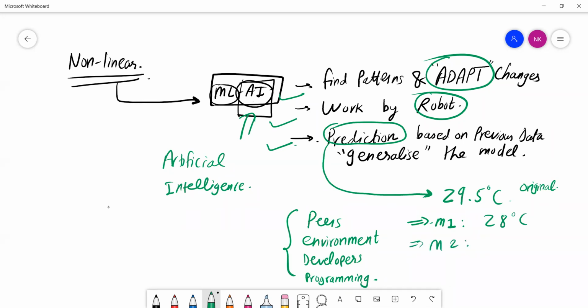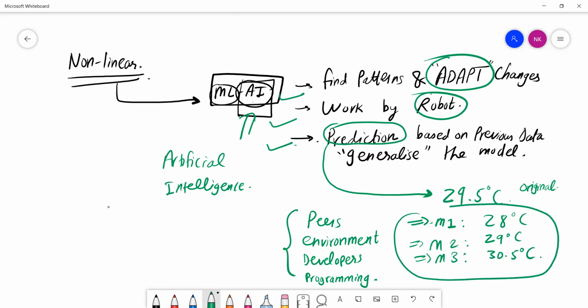Model 2 predicted that on the 6th of September it will be 29 degrees Celsius. And model 3 predicted that on the 6th of September it will be 30.5 degrees Celsius. Let's say I've developed 3 models. Which model is more reliable or more trusted out of these 3 models?